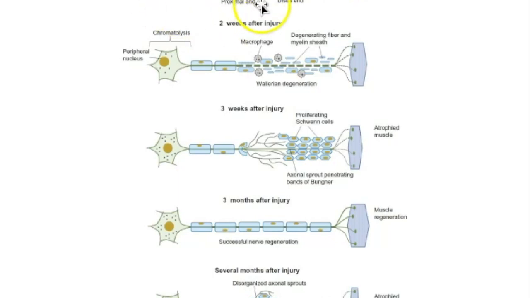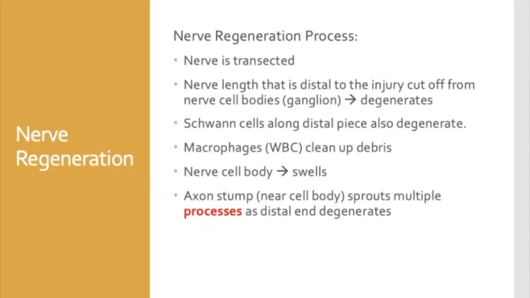If the nerve is damaged, if the nerve, for example, gets cut or transected, the part of the nerve that's distal to the cut is going to die. But as long as the neuron cell bodies are intact, as long as the ganglia is intact, the upper portion of the nerve can regenerate. And we talked about this regeneration process step by step.